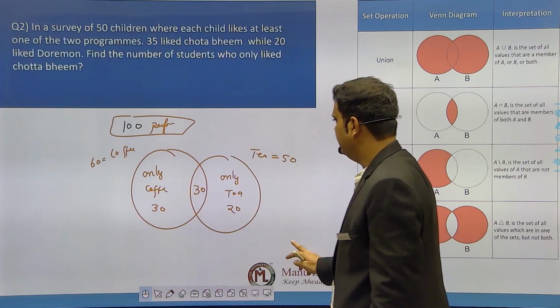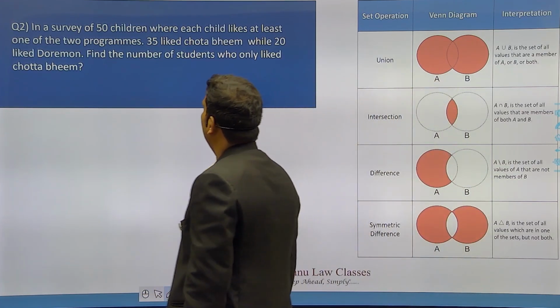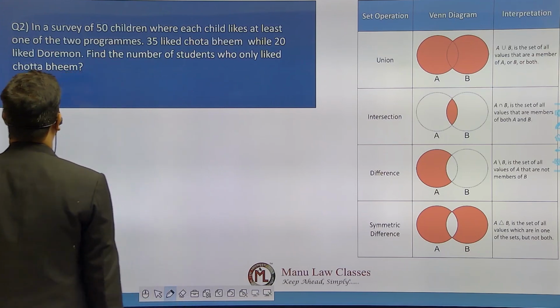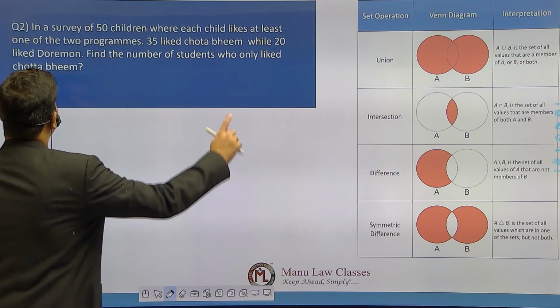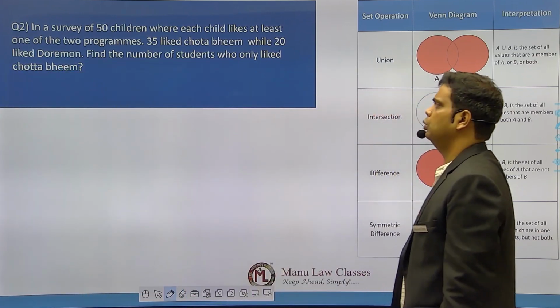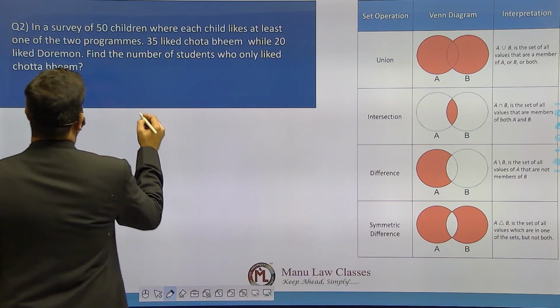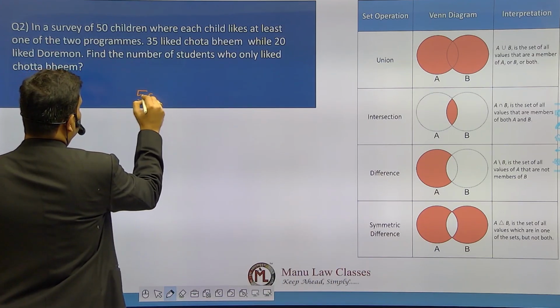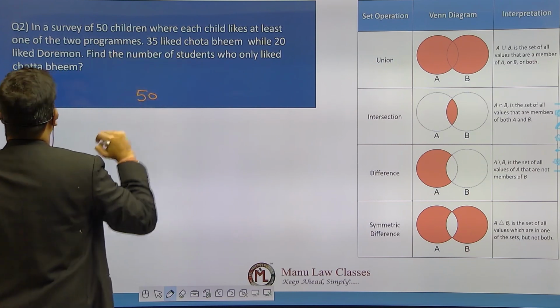Now moving to the next concept, right? In a survey of 50 children, where each child likes at least one of the two programs, 35 like Chhota Bheem, while 20 like Doraemon. Find the number of students who only like Chhota Bheem. Let's understand this. There are total 50 children, and each child likes at least one.